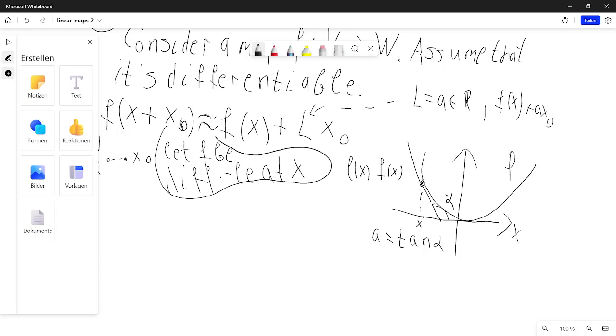Now, actually, of course, yeah, wait a minute. Yeah, L of x0, the linear map now applied to x0, is f of x plus a x0. And you see, it doesn't matter what I call the variable. I could call it z, I could call it x0.